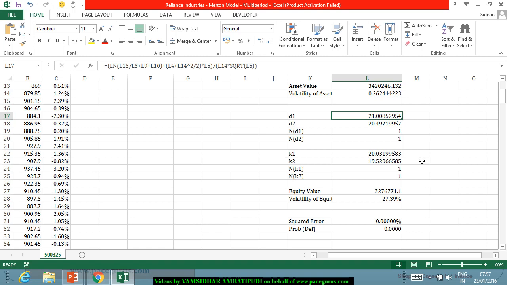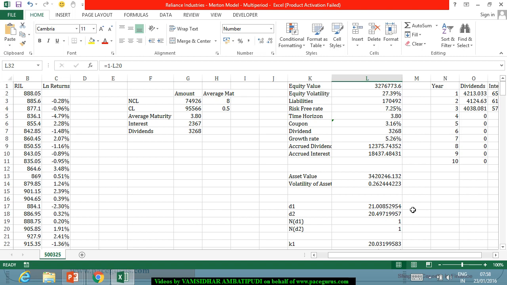So N of minus D2 is something that I can look at, which is working out to close to 0%. So the chances of default are much slimmer.